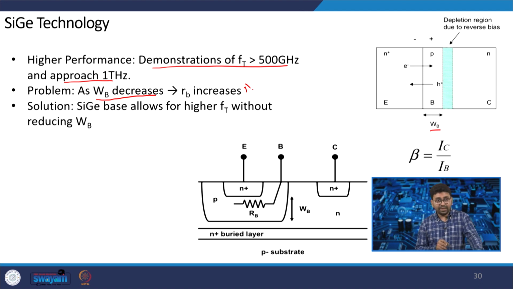So, silicon germanium is a solution. What is the solution provided? That base allows for a higher FT without reducing the WB. So, we can keep WB as it is and your FT will increase.